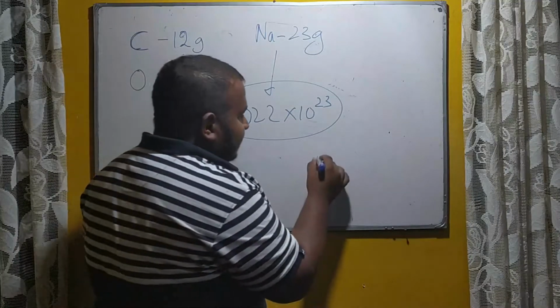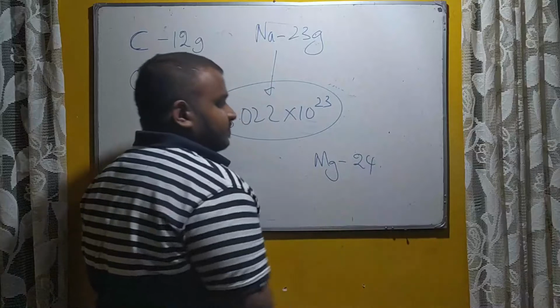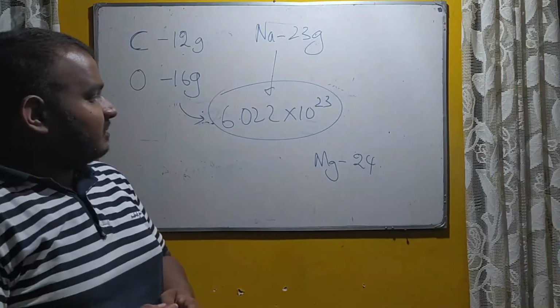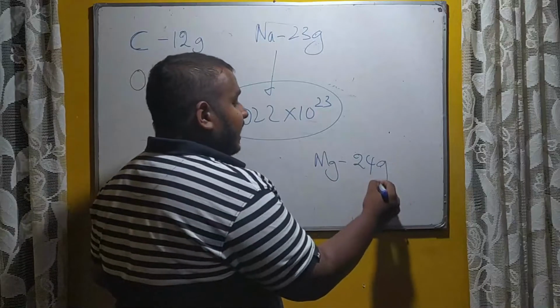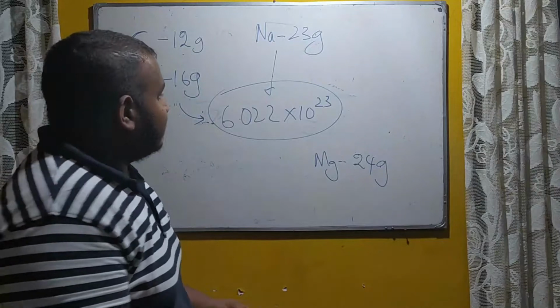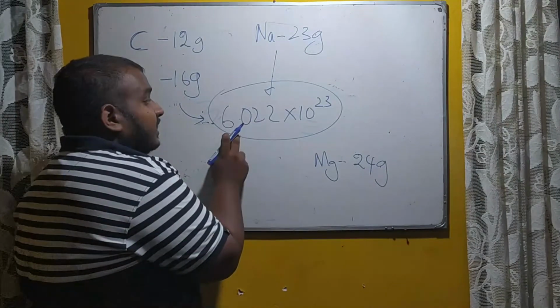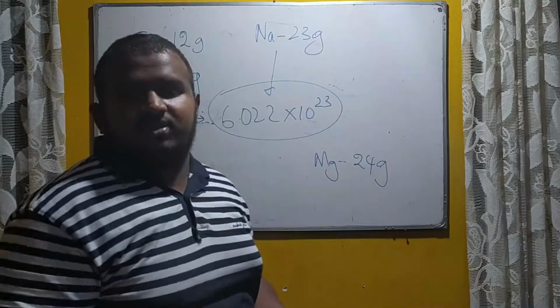Magnesium is 24, the relative atomic mass. If you take 24 grams of magnesium, in that 24 grams you will be able to find 6.022 into 10 to the power of 23 magnesium atoms.